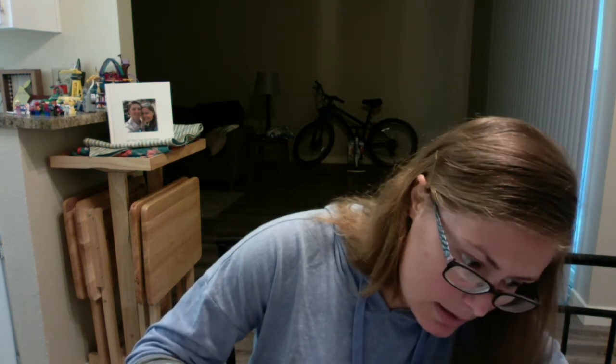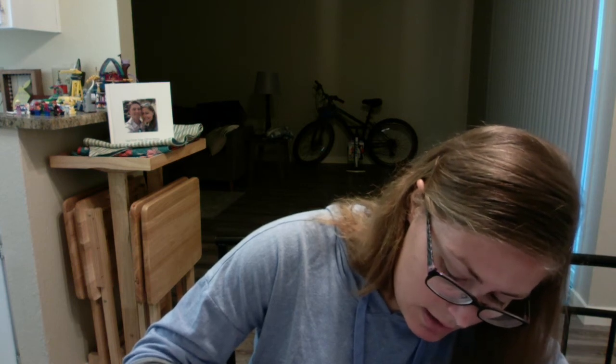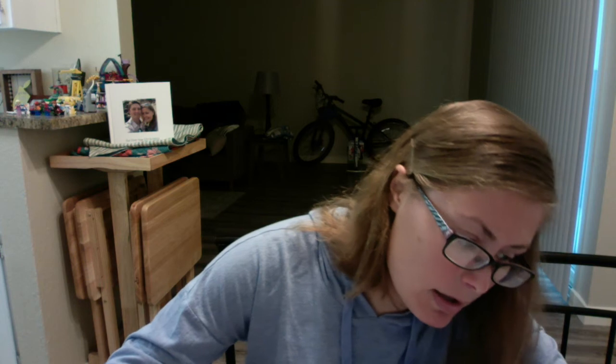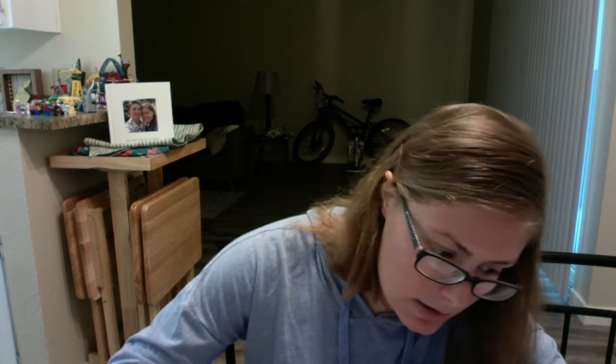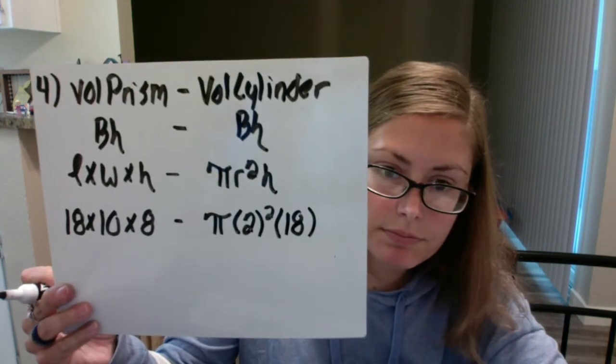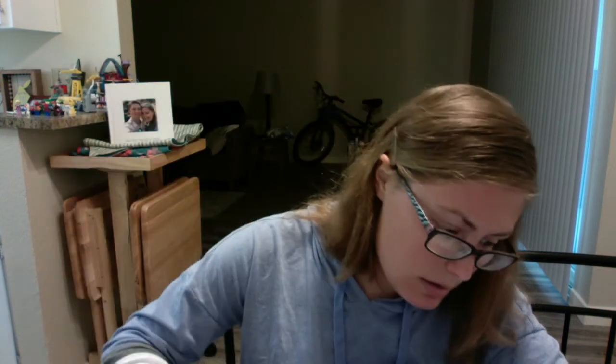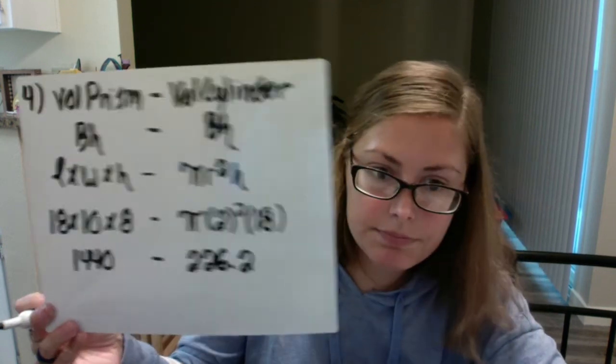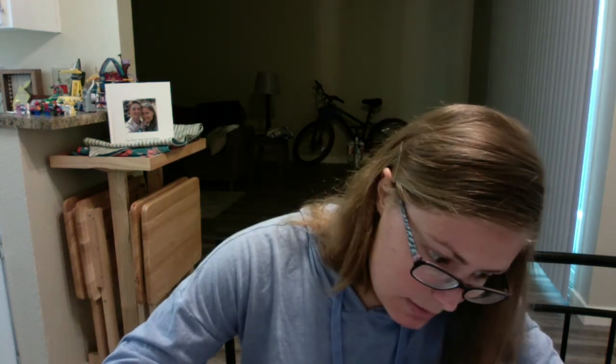So we have 18 times 10 times 8. Our radius is 2, so 2 squared times our height of 18. So we have 1,440 minus, we're rounding to the nearest tenth, so 226.2. So our answer is 1,213.8 inches cubed.